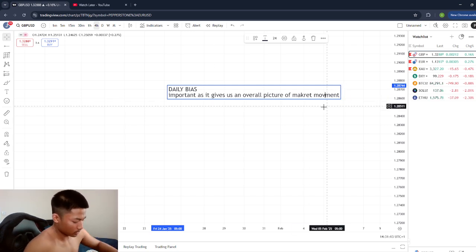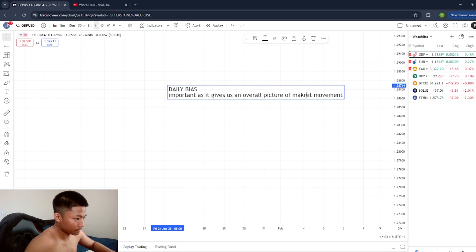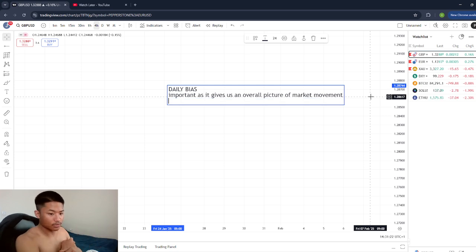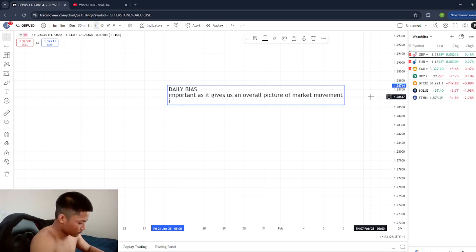And you guys are going to be able to practice this because it involves using confluences we have already learned.